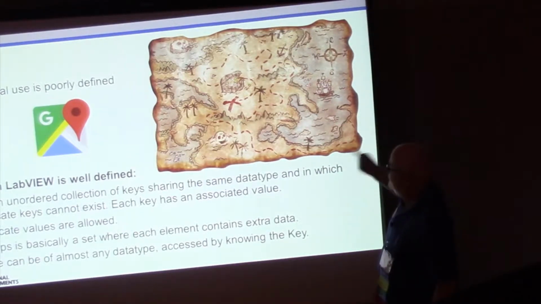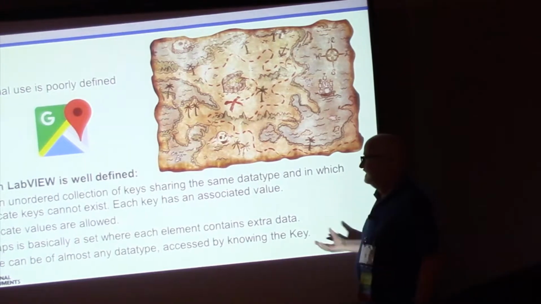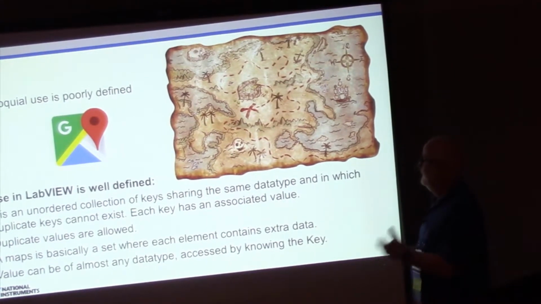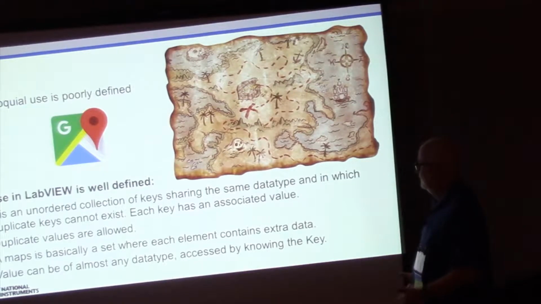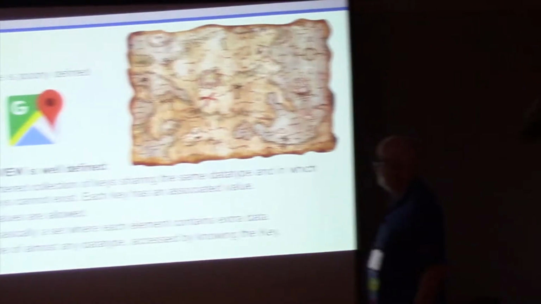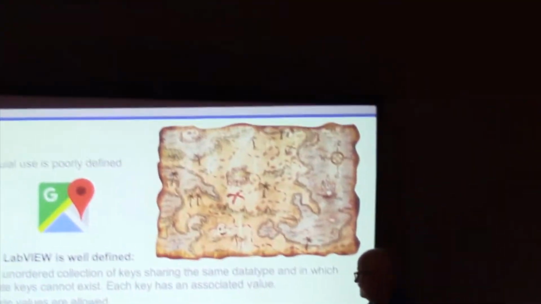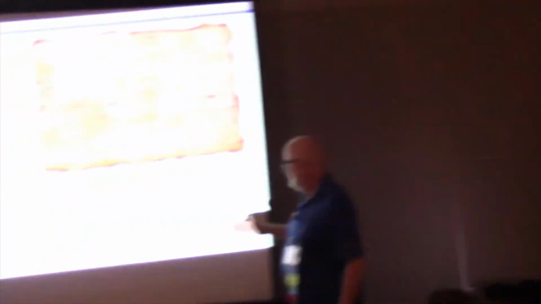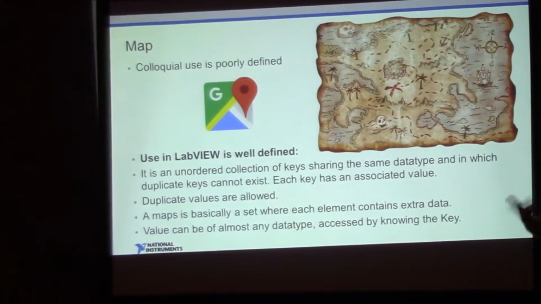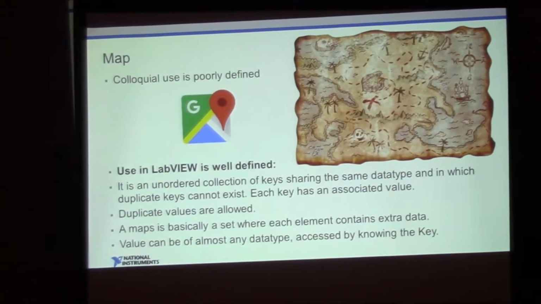But now each of the elements of that set has an associated value, and that value can again be of any data type. Duplicate values are allowed, and the map is basically a set where each element contains extra data. Value can be of any data type, and you just need to know the key, and the key also can be almost any data type.